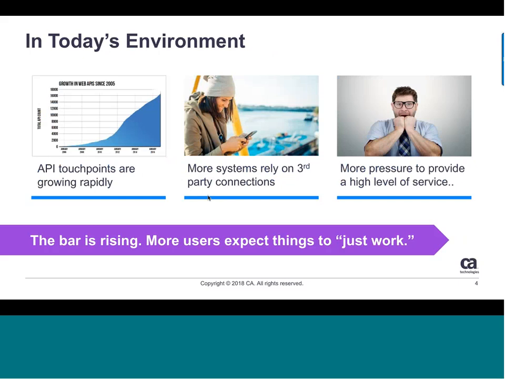So we want to make sure that we're monitoring and tracking the performance and reliability of those APIs, because in the end, it's our brand that's going to get tarnished if those APIs aren't available. There's a lot of pressure to provide the best user experience, because if we don't, customers are way too willing to move to other solutions, and we can lose revenue in that fashion.